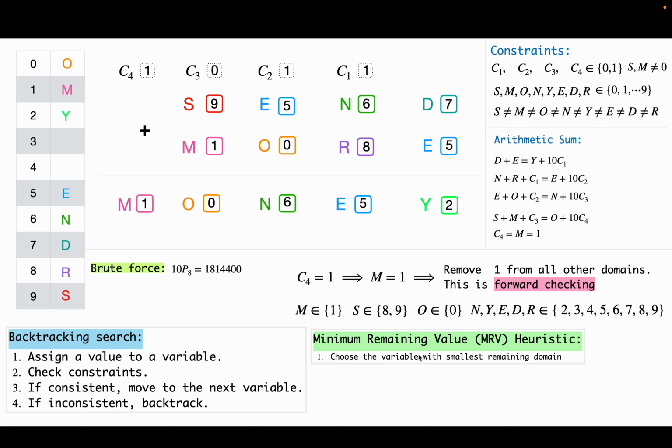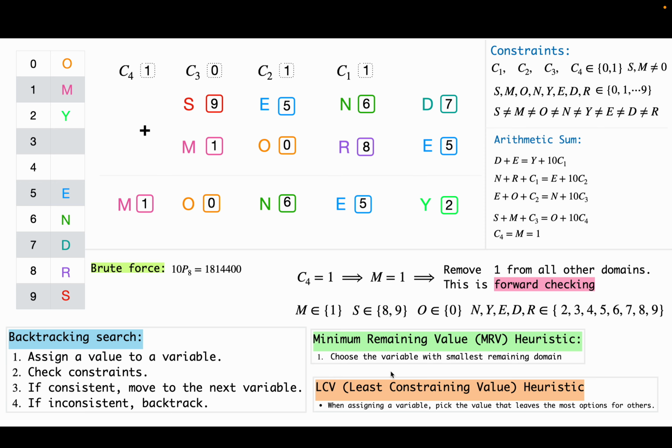This is one idea, and we also have the least constraining value heuristic. The previous heuristic is about choosing the variable, and this heuristic is about assigning the value to a variable. It says that while assigning a value to a variable, pick the value that leaves the most options for others.